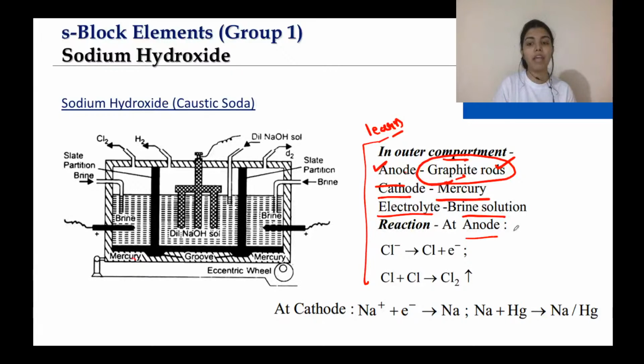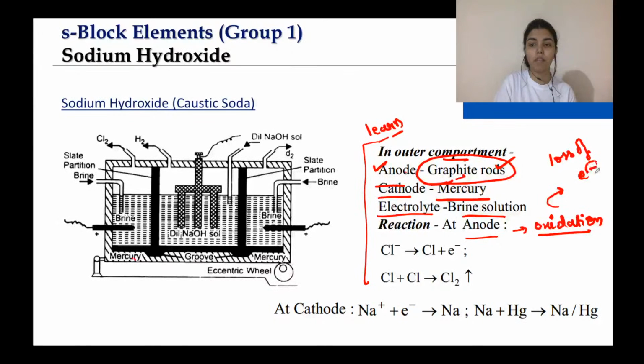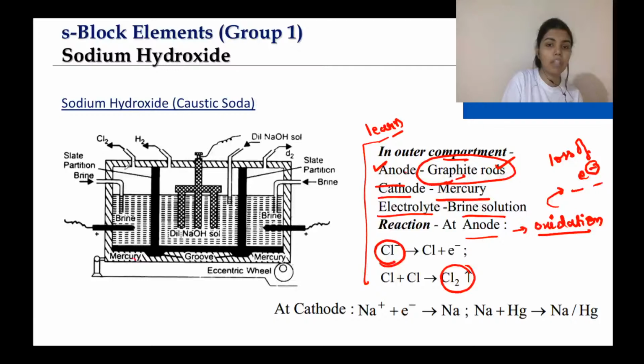Now at the anode what happens? Oxidation takes place. Oxidation means what? Loss of electron. So here Cl negative loses an electron to give Cl2 gas. So in the outer chamber we are obtaining Cl2 gas as the product. At the cathode, reduction takes place. Reduction is what? Gaining of electron.